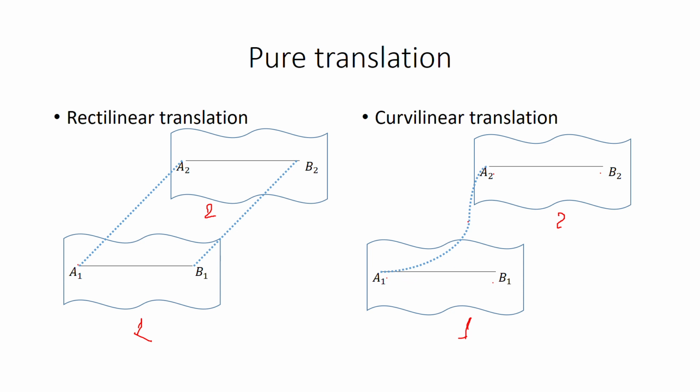Similarly, the path traced by B is also a curve, and again notice that these two curves should be parallel to each other. Another feature is that the position vector of A with respect to B or B with respect to A is a constant vector, it must not change. That is, its orientation will not change, nor will its length change. This is the definition of pure translation, that is, rectilinear translation as well as curvilinear translation.